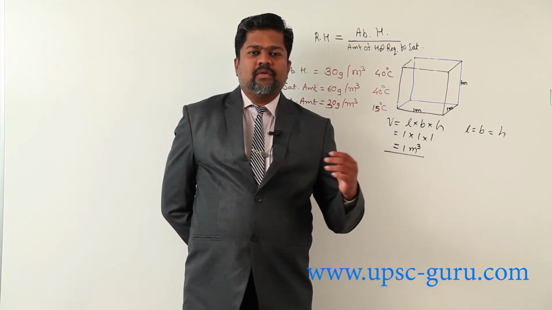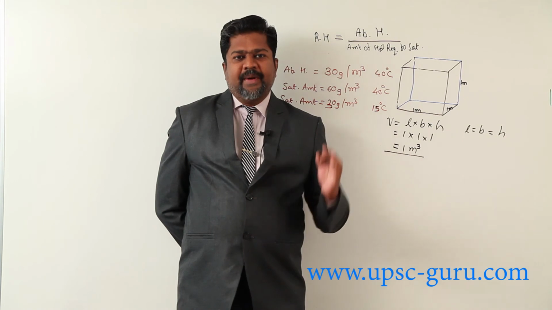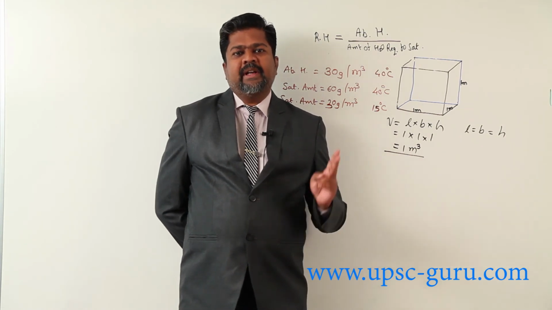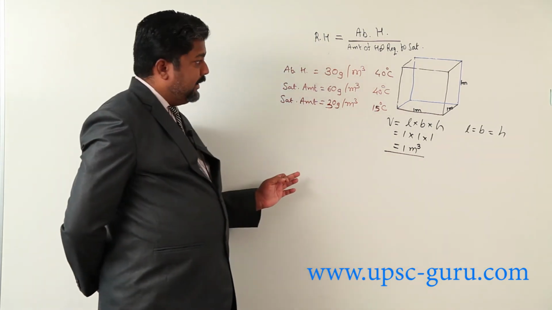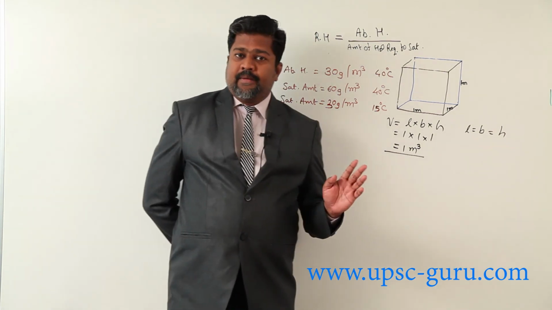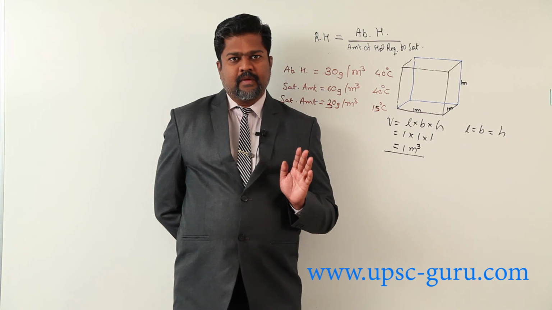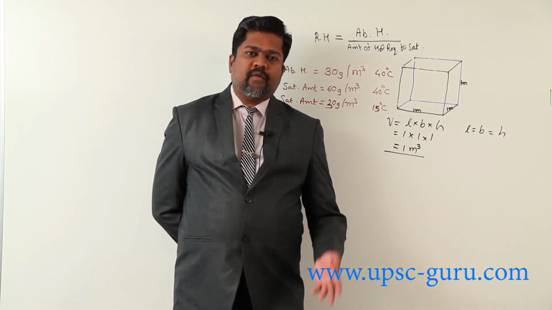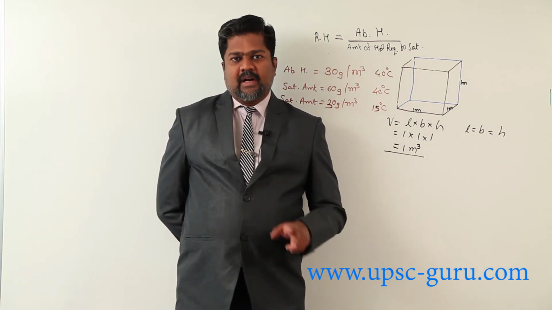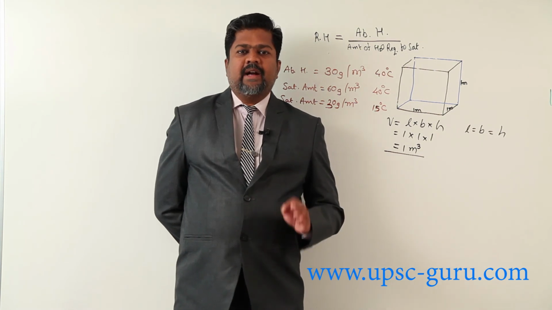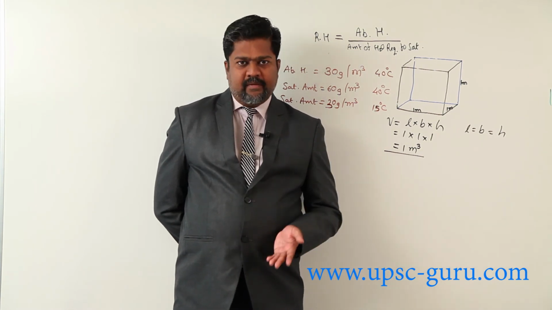This way we have to take into account humidity, that is, relative humidity and absolute humidity. My request is that these concepts are a little bit confusing, and therefore instead of revising again myself here, you should revise it yourself.